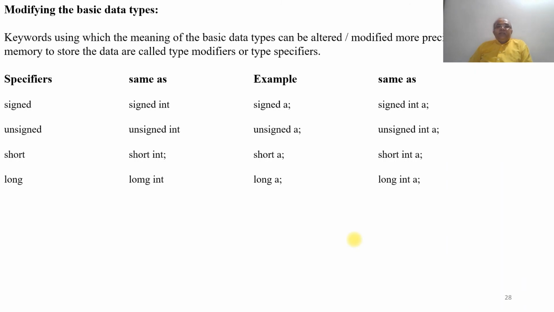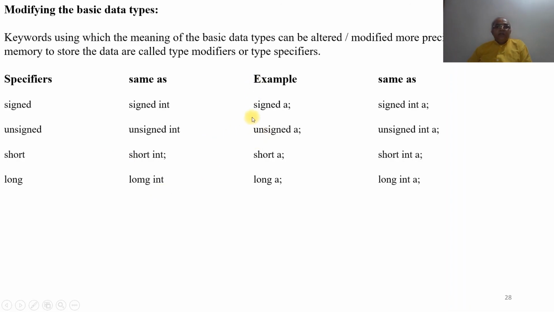Then modifying the basic data types. Keywords using which the meaning of the basic data types can be altered or modified more precisely, to effectively use memory to store the data, are called type modifiers or type specifiers. The specifiers are signed, unsigned, short and long, which is the same as signed int, unsigned int, short int and long int.